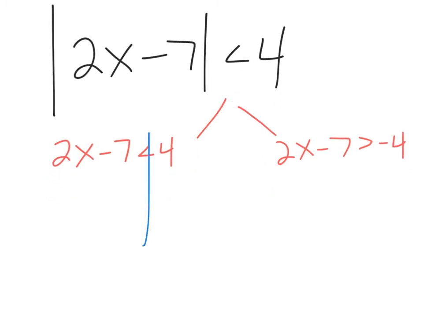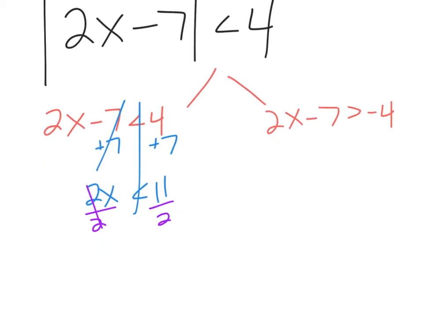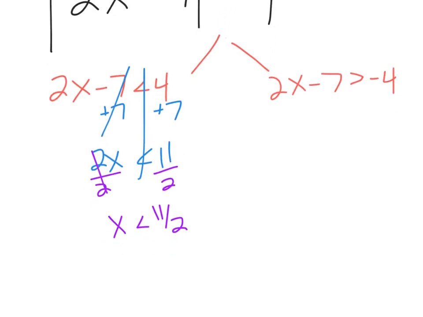Alright, I need to solve it, so I would add 7 to get rid of that. 4 plus 7 is 11. And then I would have to divide to get rid of the 2. So x is less than, and you can leave it as a fraction, but since I'm using a number line to decide what kind of inequality I have, I'm going to turn it into a decimal.